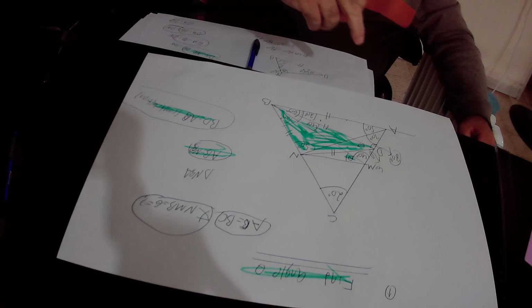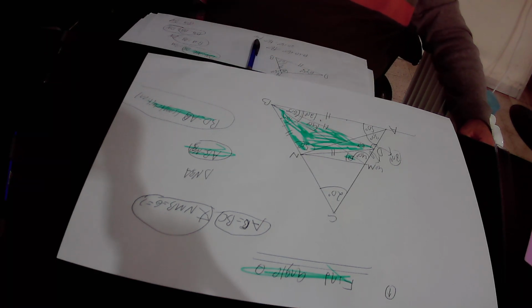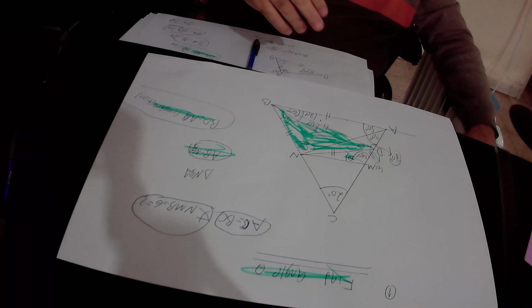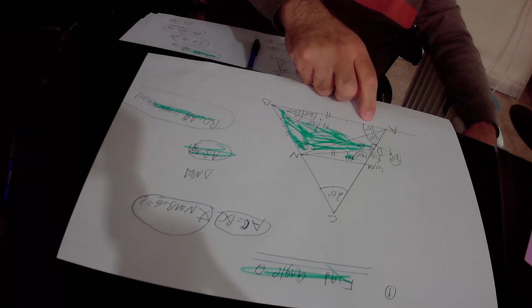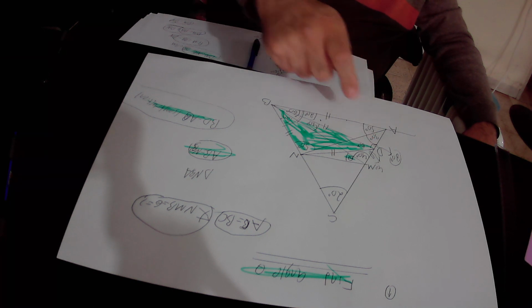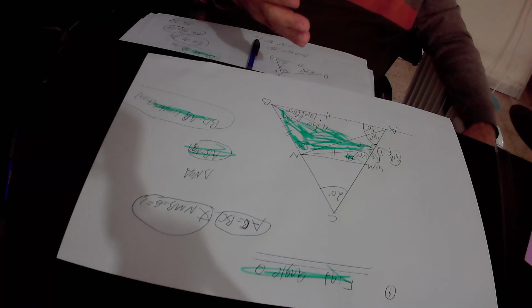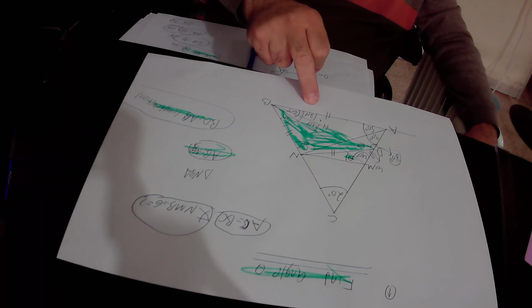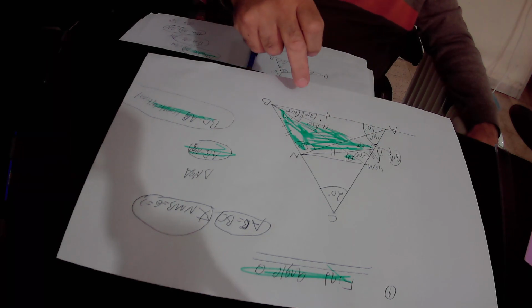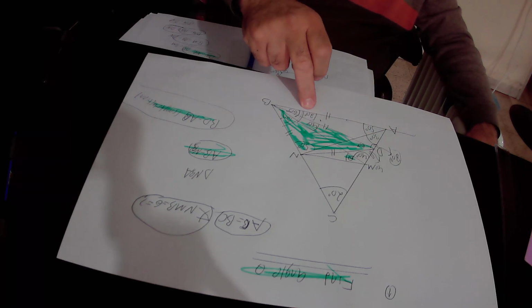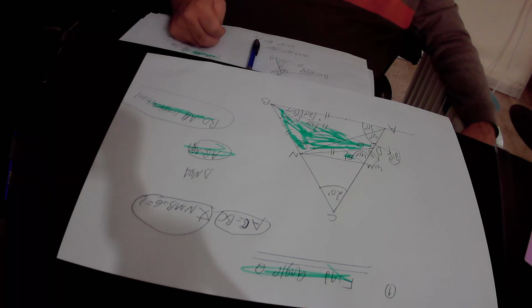Again, in the same triangle ADB, the sum of the angles must be equal to 180 degrees. Which angles do we have in triangle ADB? We have this angle equal to 80 degrees. This angle also equals 80 degrees. 80 degrees plus 80 degrees is 160 degrees. So the missing angle must be equal to 20 degrees in order to complete the sum of the angles in triangle ADB to 180 degrees.